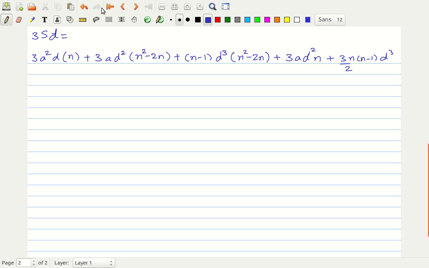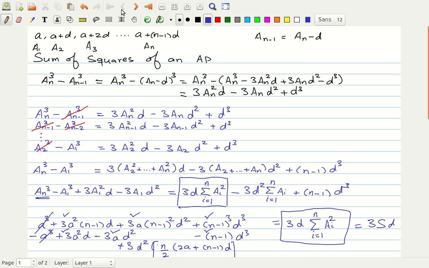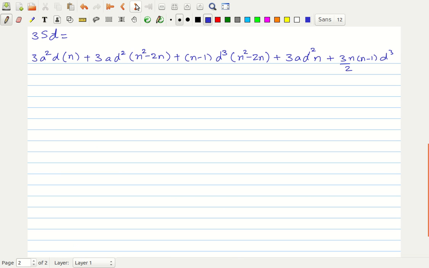And how did we get this? I have already shown this working over here. This was 3 times d times the sum of the squares of an AP. So I am calling this expression in the sigma s. This is what we have to find, and now we will see how to simplify it further.